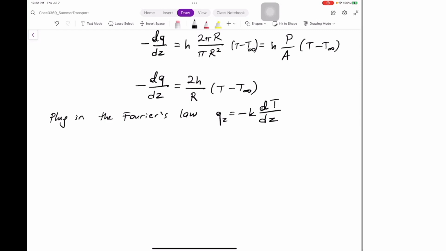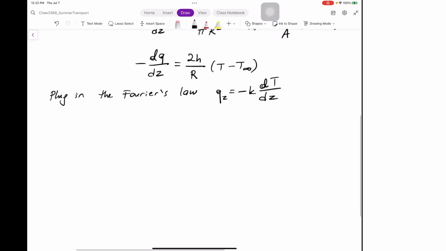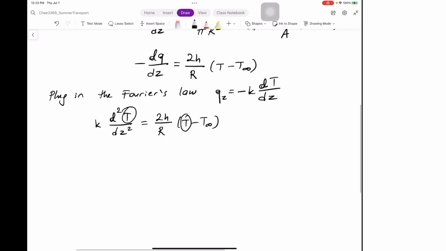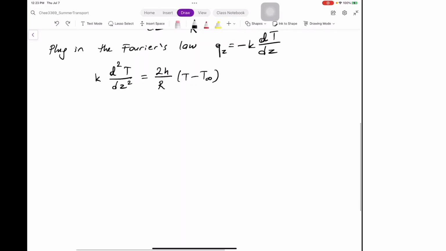I know that there's no conductive flux along the r direction, so I'm just going to assume the temperature is only varying along the z direction. If you plug this in, you get k times the second derivative of the temperature is equal to 2h over r times T minus T infinity. This is a function of z, and this is also a function of z.